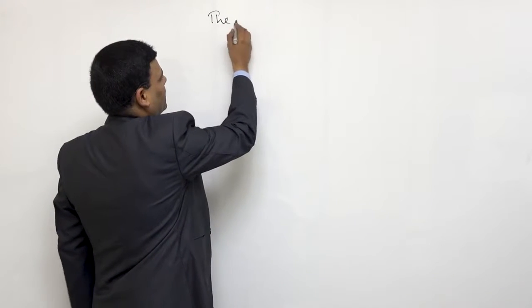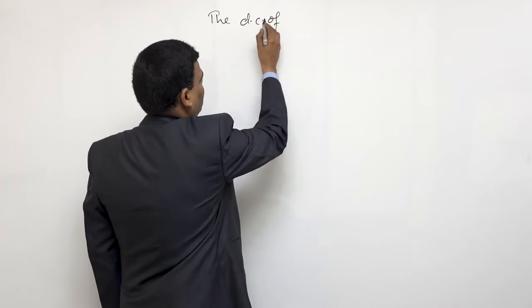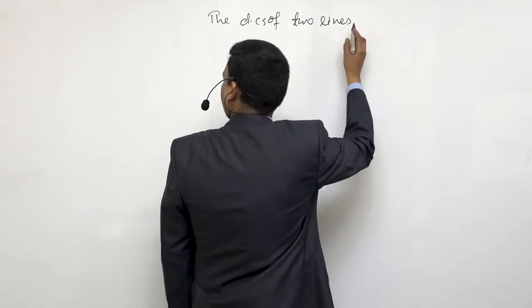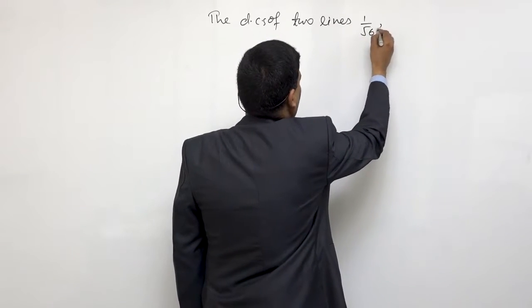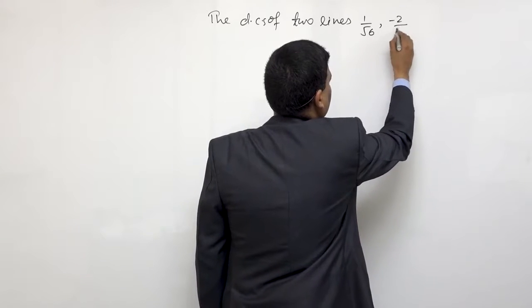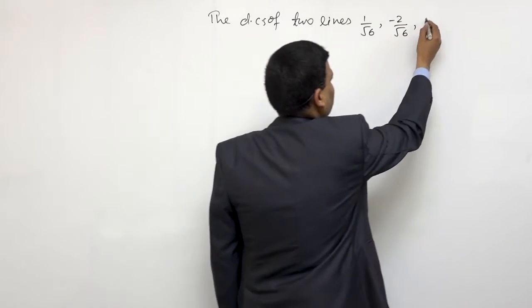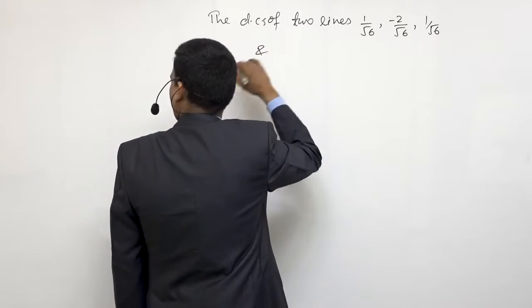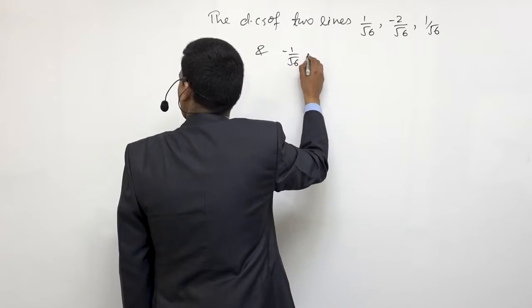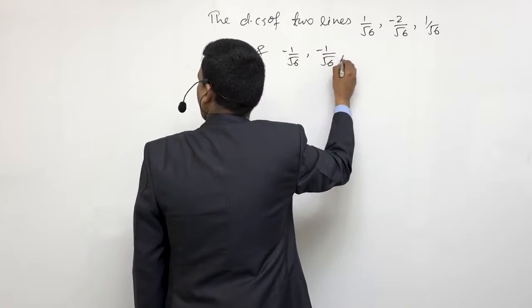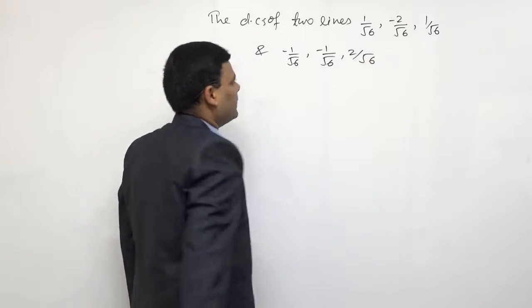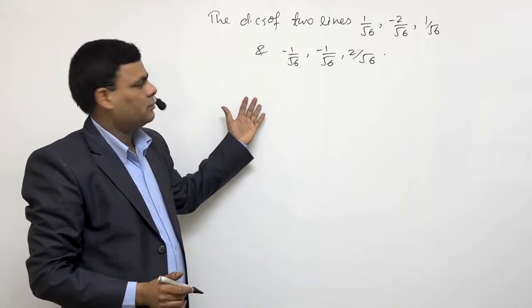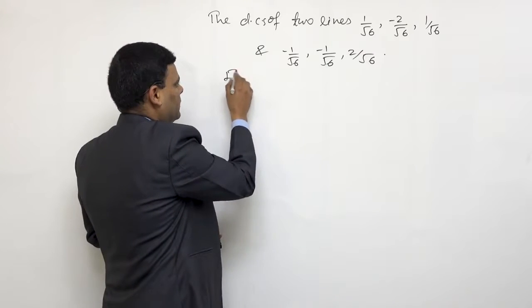The direction DCs of two lines are 1 by root 6, minus 2 by root 6, 1 by root 6 and minus 1 by root 6, minus 1 by root 6, 2 by root 6. अब दुईटा लाइनका डाइरेक्सन कोसाइन यस्ता आयो हामीले भर्खरै जुन प्रुभ गर्यौं.